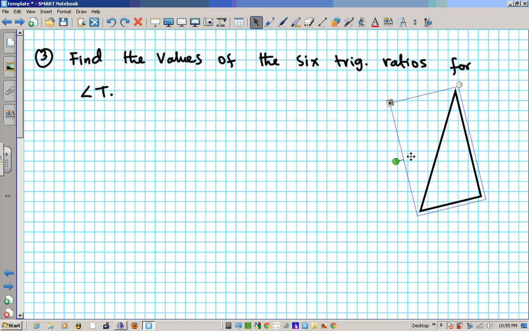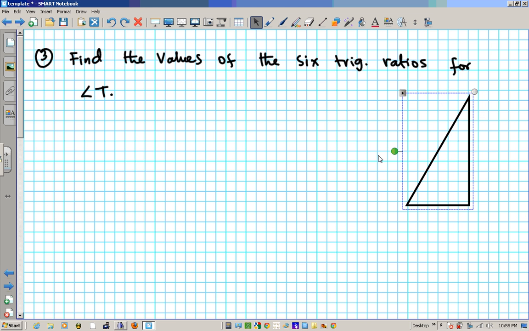And let me put in some of the measures. Let's say this is T, and this is U, and this is S. Now let's say US is 6 and T is 4, and we want to find the value of all 6 trig ratios.